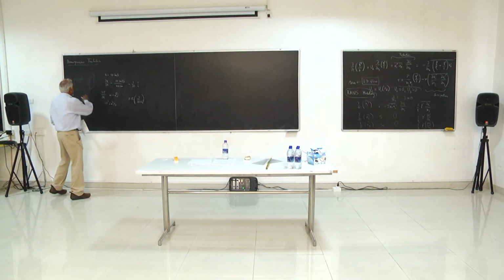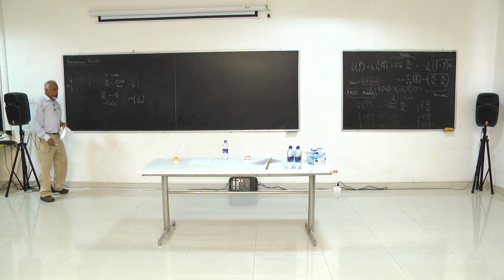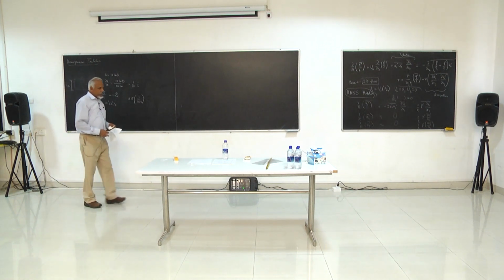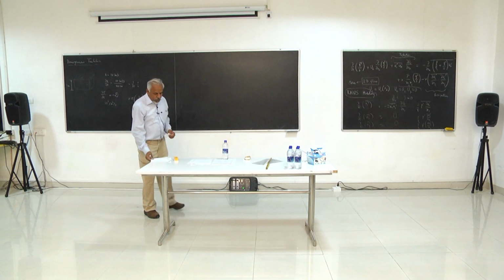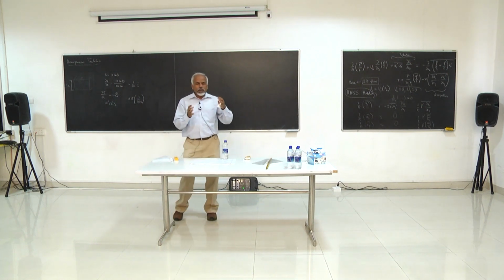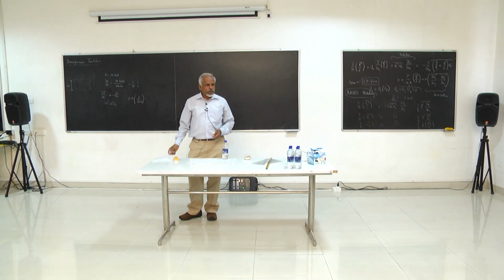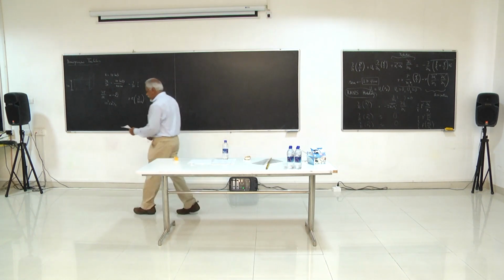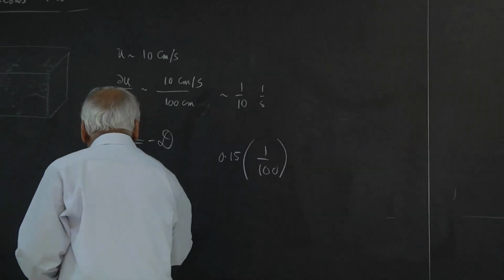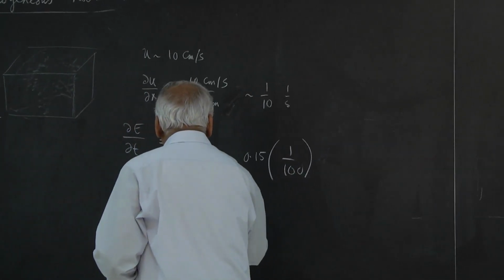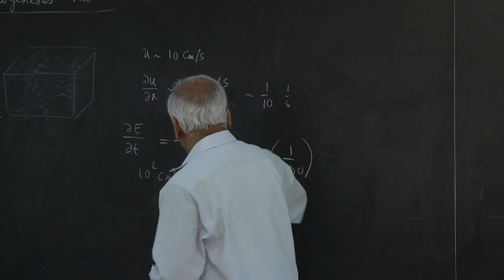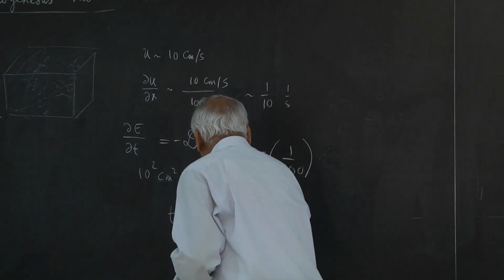Now I want to calculate a time for decay of turbulence. I have that much energy and I'm depleting it every second by that much. So I divide the total energy by however much I'm depleting every second, and I get the number of seconds, right? So the time would be u squared over epsilon, okay?